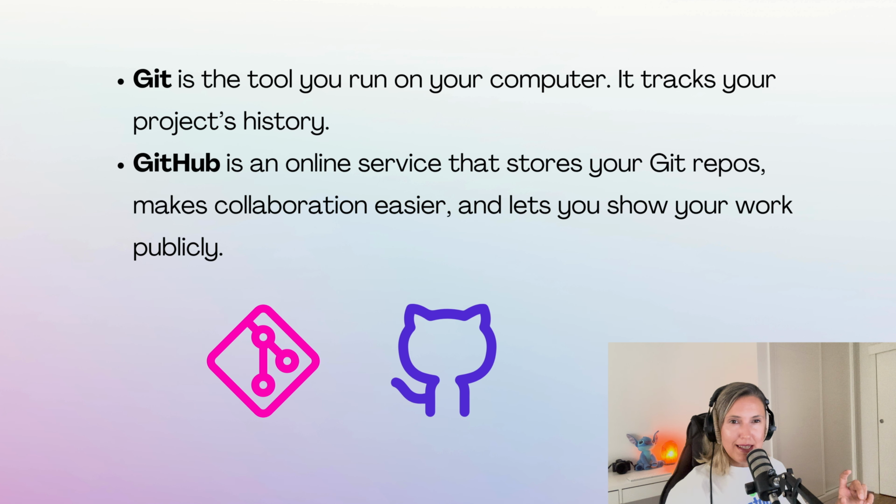Whilst GitHub itself is an online service that essentially stores all of our repositories together, makes collaboration between us and our colleagues, developers, easier, and lets you also show your work publicly. So if you're working on a project, or building up your portfolio that you might want to potentially show to your future employers, this is one of the ways you can do that.